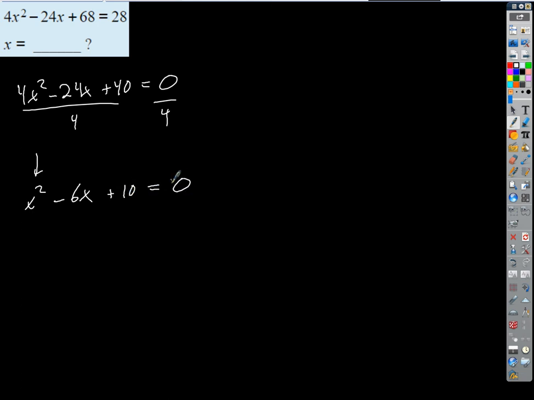What would I do with that? Factor? I mean, maybe. Can I find numbers that multiply to 10 and add to negative 6, though? I can't think of any. So if I can't factor, what would the next option be? Complete the square. And we've already done a little bit of that, so I'll let you just work from this point.